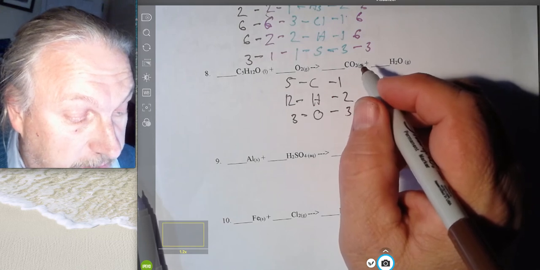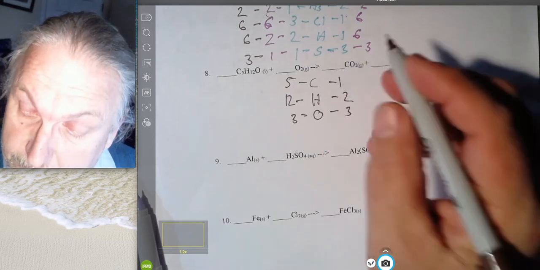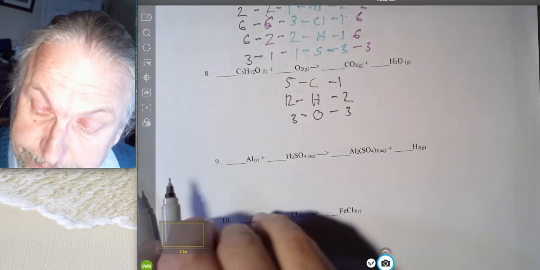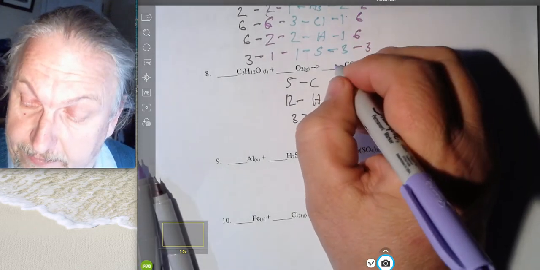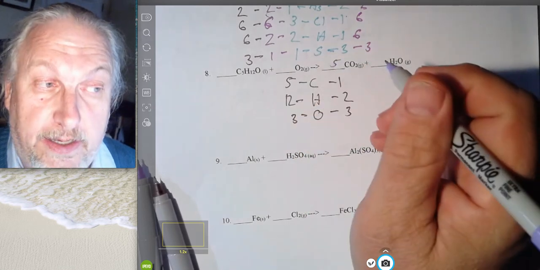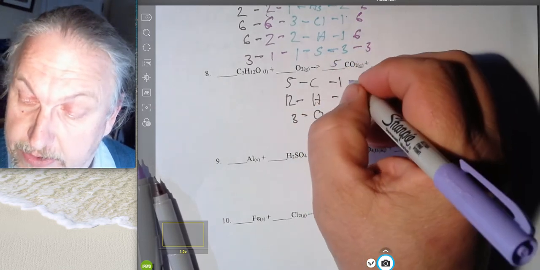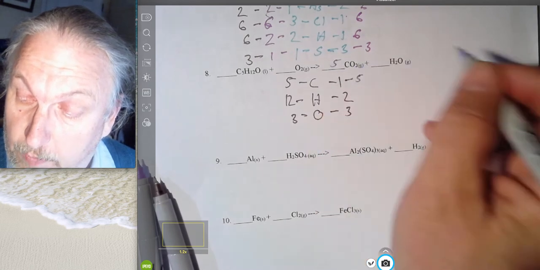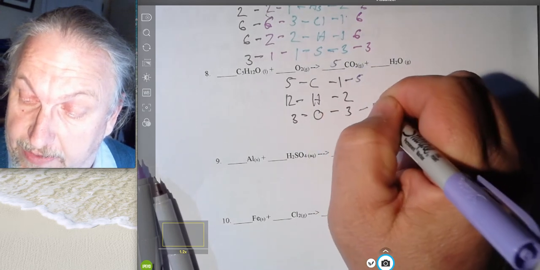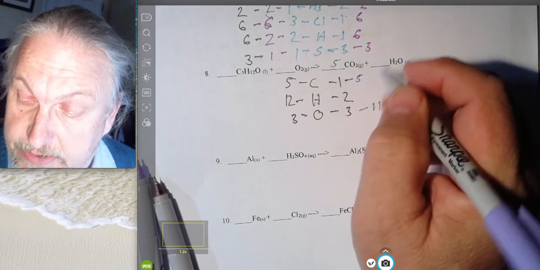And then we have 2 hydrogens on this side. So let's go ahead and get our carbons right. Let's put a 5 here. We got 5 carbon dioxide, CO2s. We got 5 of those. So let's see our carbons. We got 5 carbons here. We've got 10 and 1, so 11 oxygens.